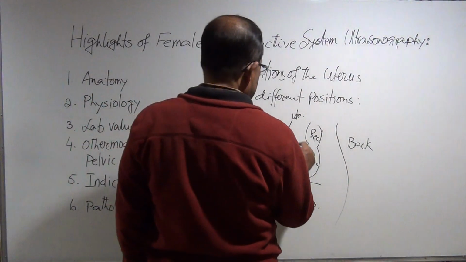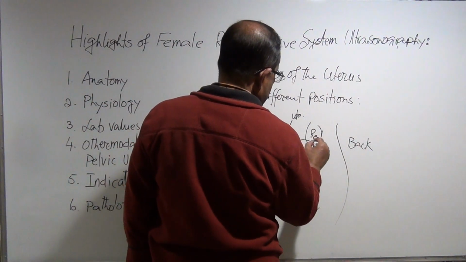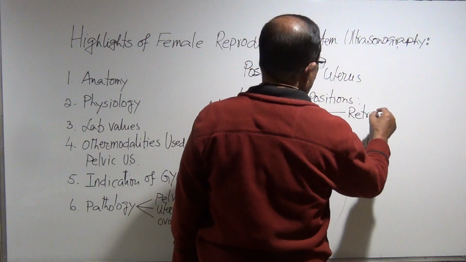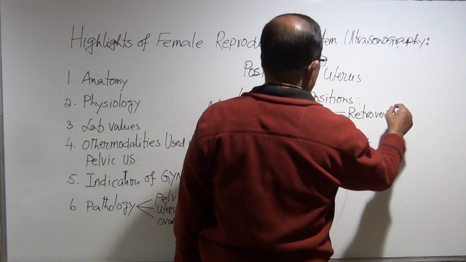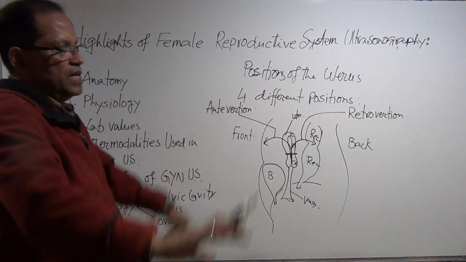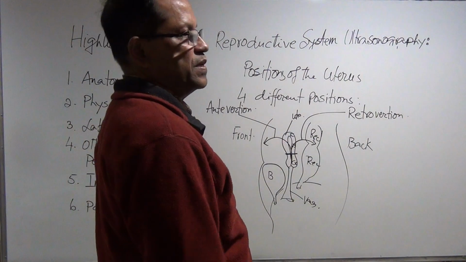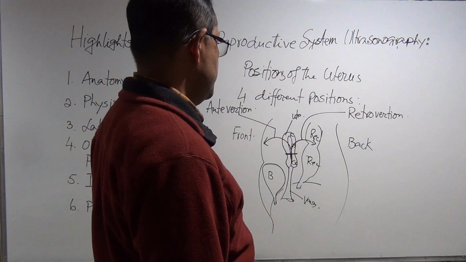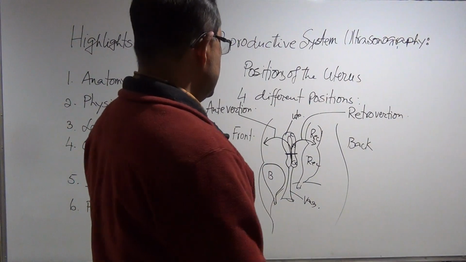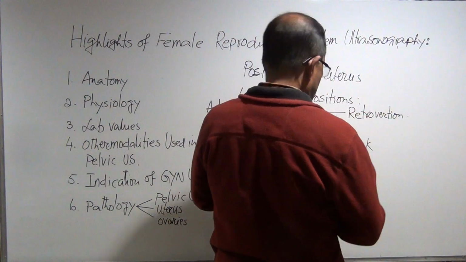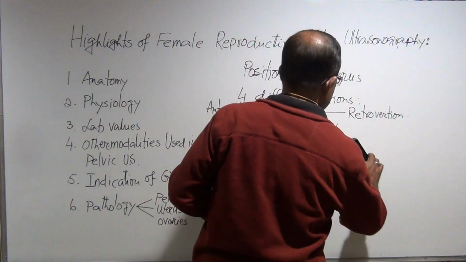And if this uterus is folded towards the rectum, that is called retroversion. So this is the basic concept. Okay? And another things I'm going to show you. Okay, I need a little space.